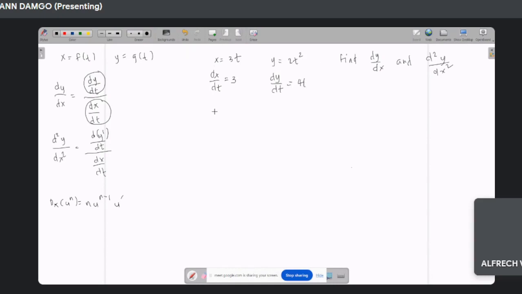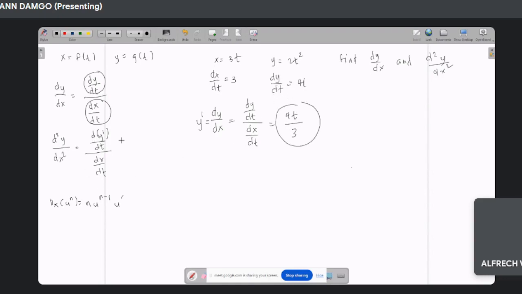Now, we solve for dy dx, which is our y prime. So this is equal to dy dt over dx dt. Our dy dt is 4t over our dx dt, which is 3. So we already have the first derivative.